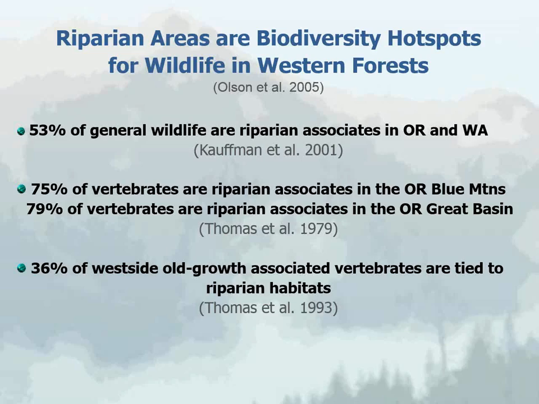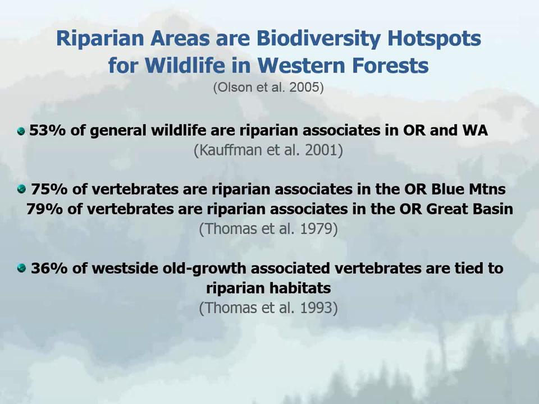So once you get over to the drier area of our region, you get more association with these cool, moist zones, the streamside riparian areas. 79% of vertebrates are riparian associates in the Oregon Great Basin area. On the west side, 36% of west side old growth associated vertebrates have ties to riparian habitats.